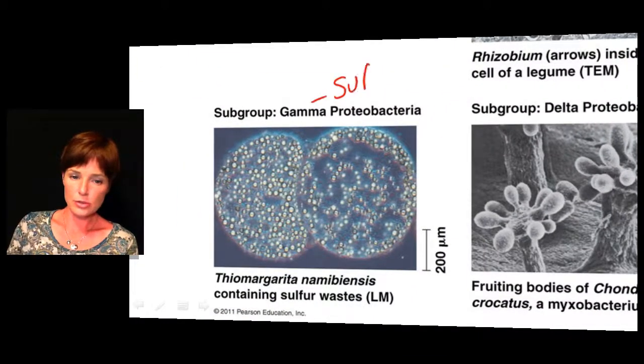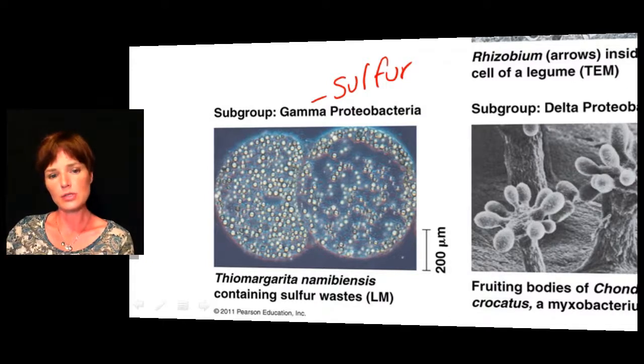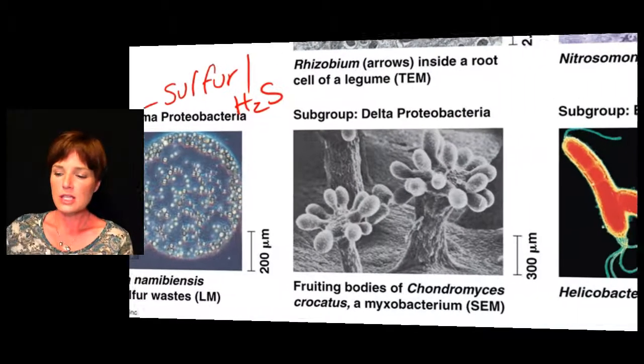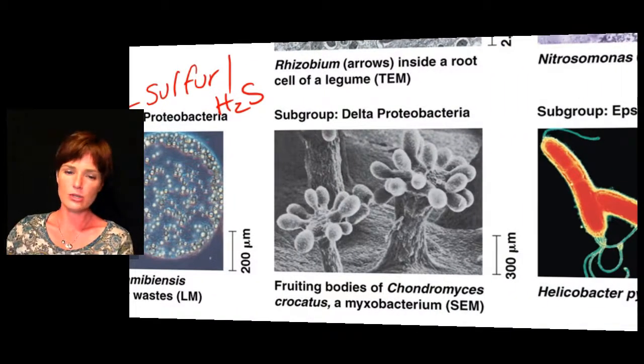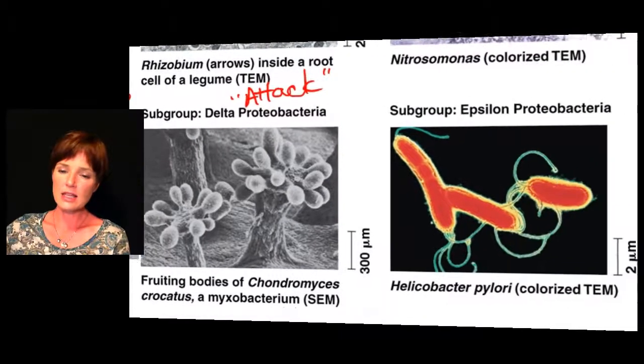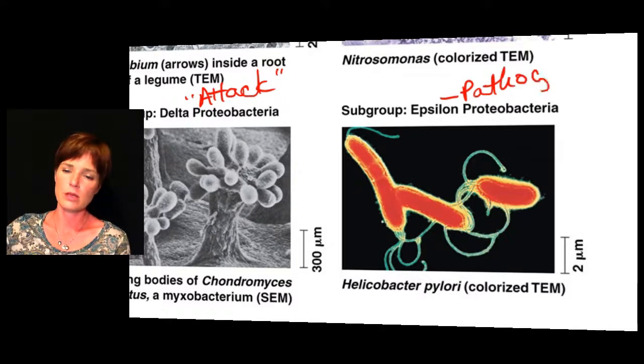These are able to use sulfur. So they are able to oxidize hydrogen sulfide. The delta ones include a lot of kind of attack bacteria, so ones that are able to attack other bacteria. And then the last one is best known for lots of pathogens.